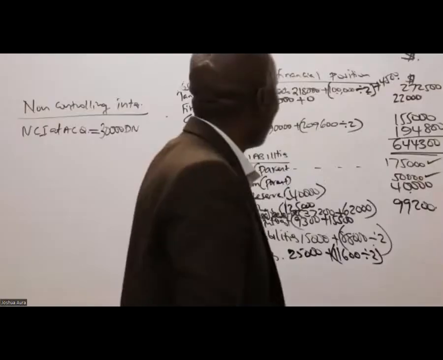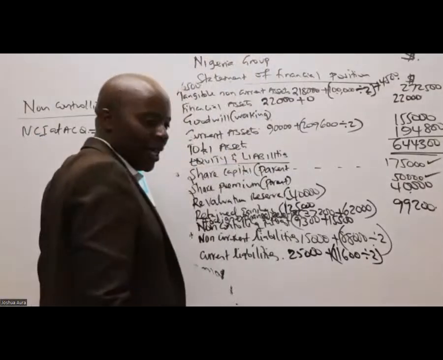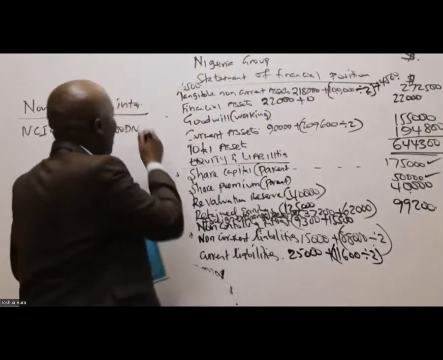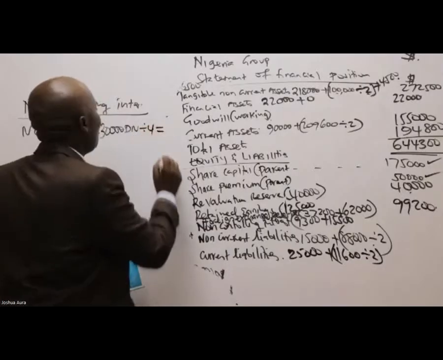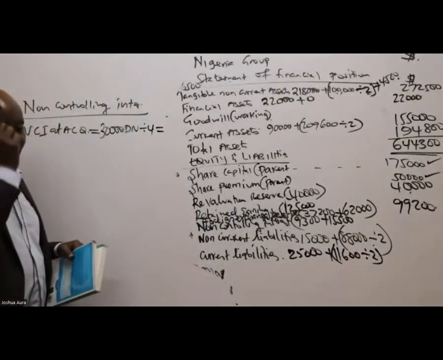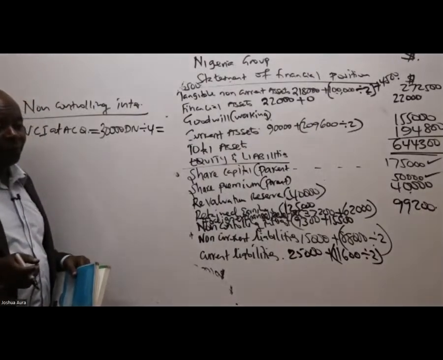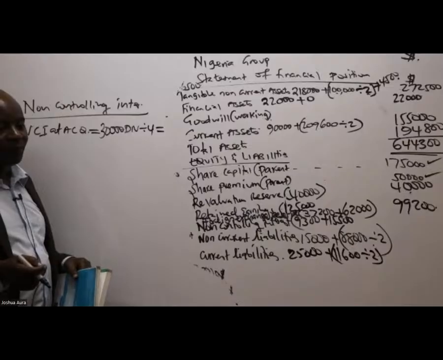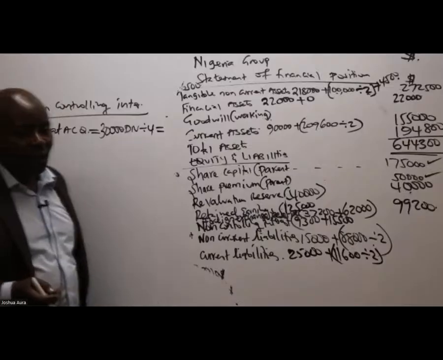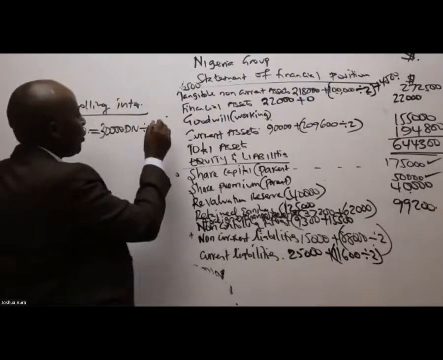Because you can even see here we are saying NCI at acquisition at 4. So come and divide this with 4. Could you kindly give me this figure? Yes, right. So 7,500. Thank you very much.